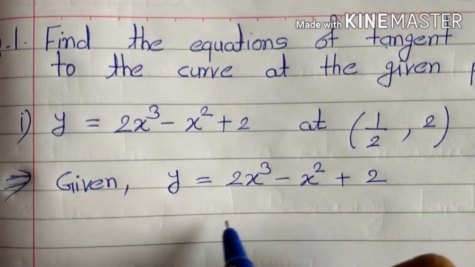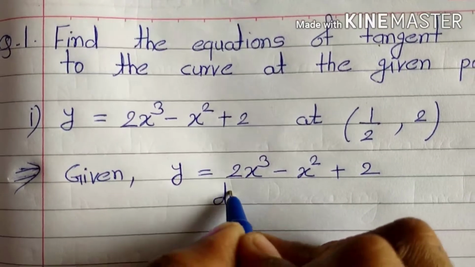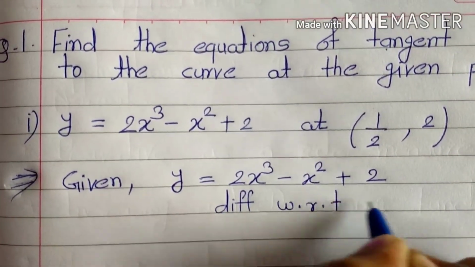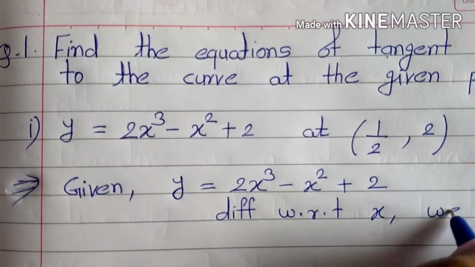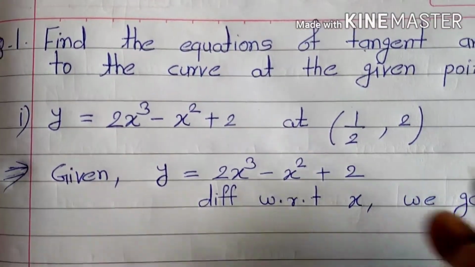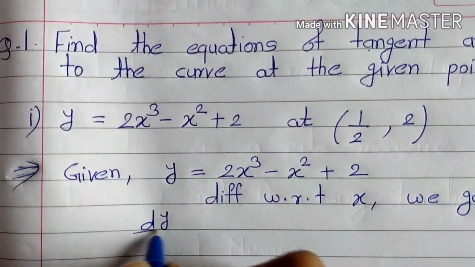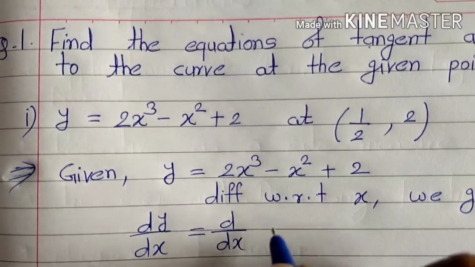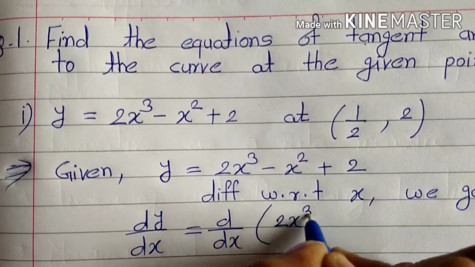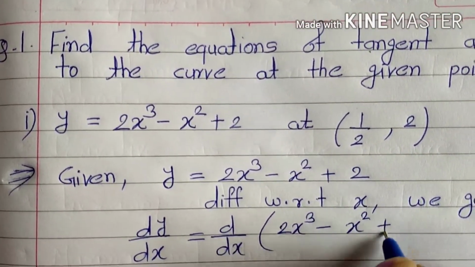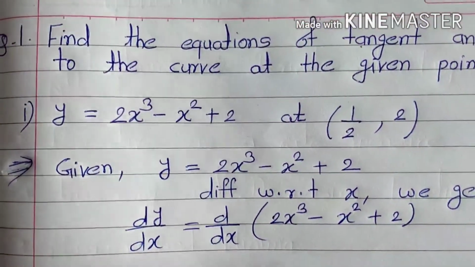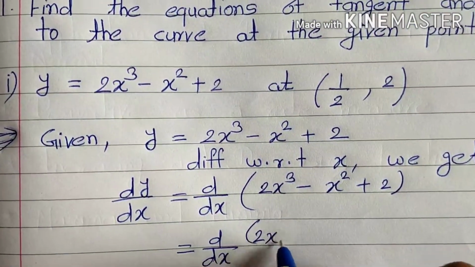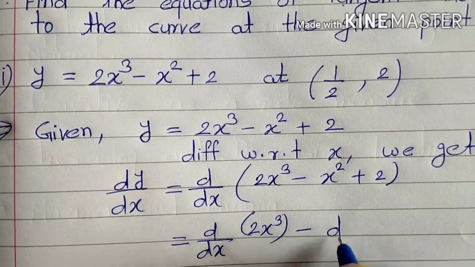Now differentiate with respect to x. We get dy by dx is equal to d by dx of 2x cube minus x square plus 2. Use here sum rule.